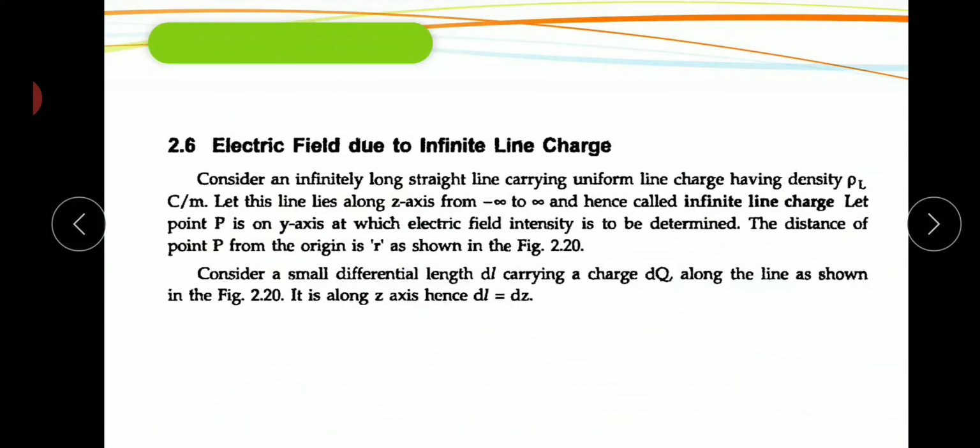So here we have to take the differential length dl carrying a charge dq along the line as shown in the figure. We have to take the dl length along z axis, hence the value of dl is to be taken as dz.